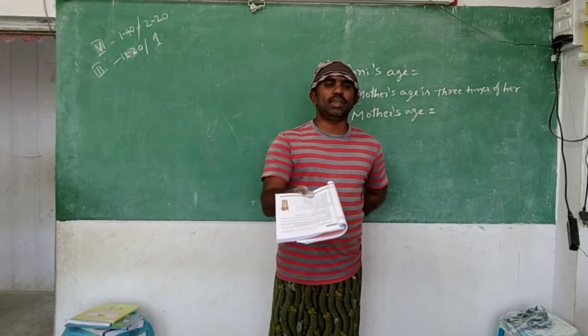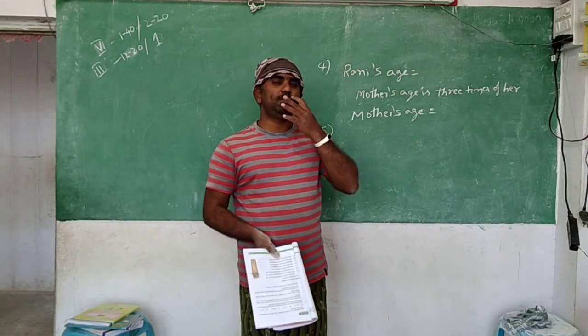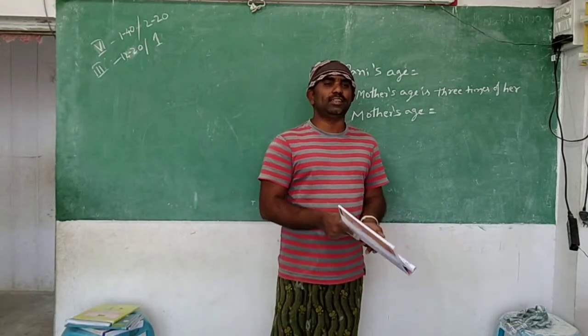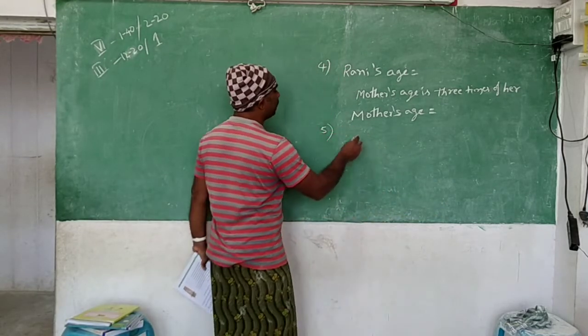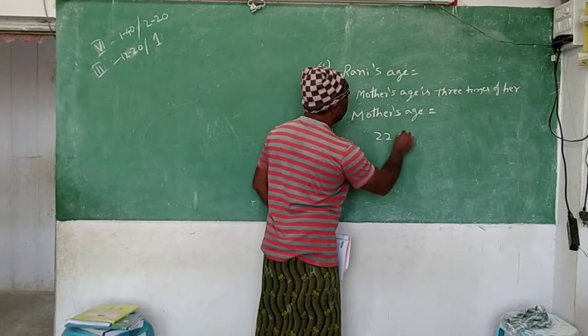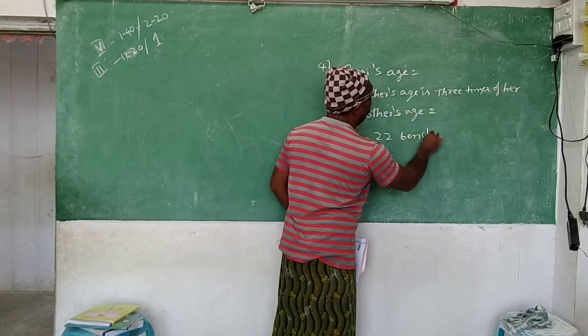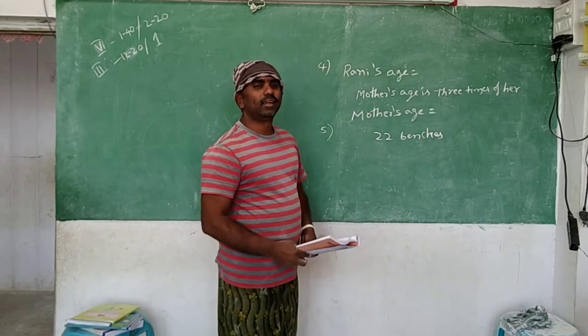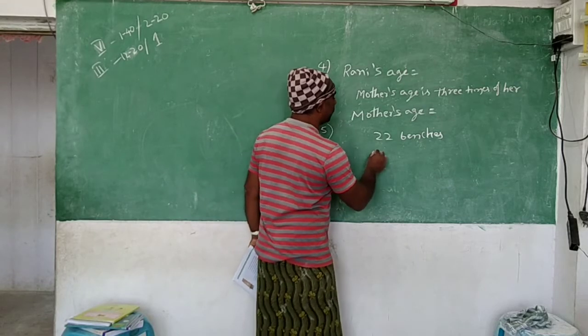Same like this morning. First I asked the question: in each bench 3 are there, in 5 benches how many are there? 5 3s are 15, he said. Like that one. Okay, what do you write here in steps? First, how many benches are there? 22 benches are there. So in one bench, how many members are sitting?